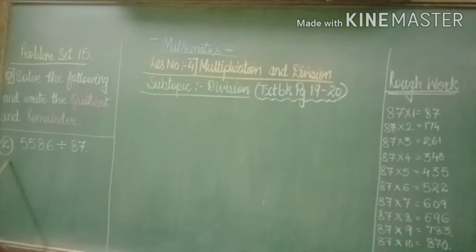The second question is 5586 divided by 87. As you can see in the right hand side corner, in the rough work, I have already written the 87 table. So now we will do the solution.